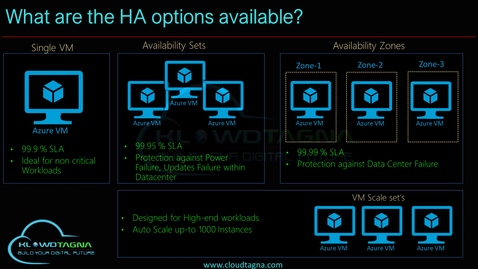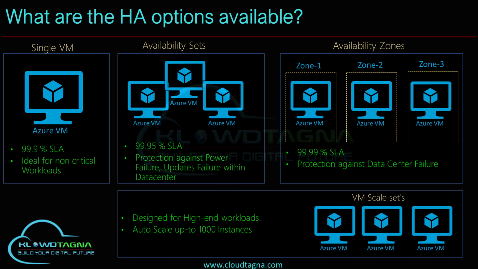Eventually, this option will give you 99.95% SLA. If your virtual machines are placed across availability zones, then they are protected against data center failure and a 99.99% SLA is guaranteed by Microsoft.